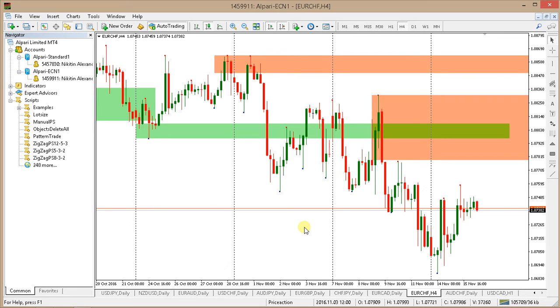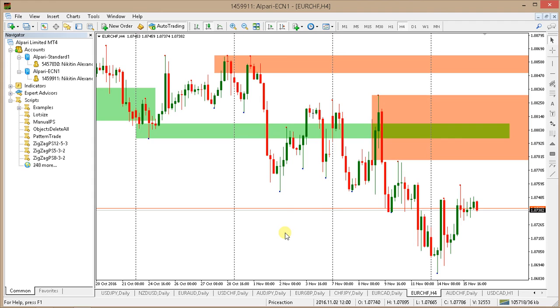And of course, you need to have a solid money management strategy in your mind. Where to place your stop, where to place your target, you need to remember those things. Well, I have simplified that work.